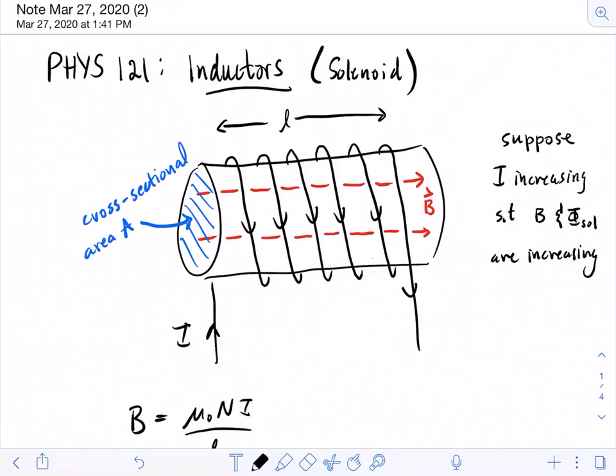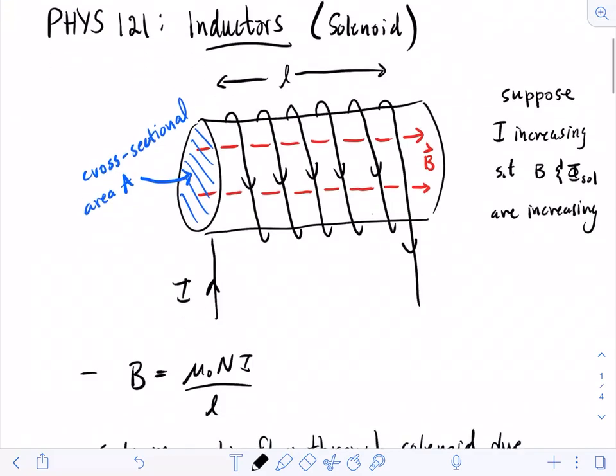The magnetic field B is directly proportional to the current. There's the expression right there. So if we have an increasing current, then B is increasing. And then the flux is basically B times A times the number of turns of wire. And so if B is increasing, so is the flux.